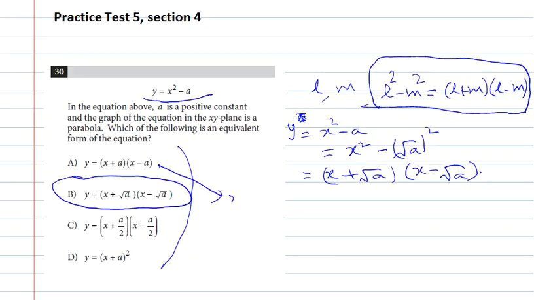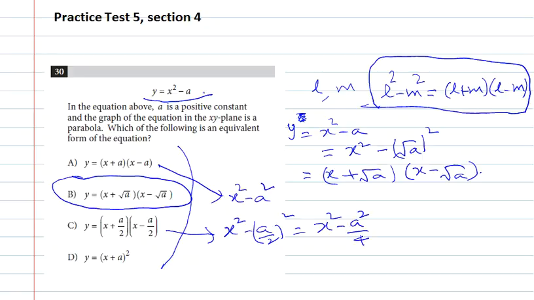But again, if you know this formula, what would this one actually turn out to be? This would be x square minus a square. So that's not what we are given. So that would not work. And again, using the same formula that I mentioned above, this turns out to be x square minus a over 2 square, equal to x square minus a square by 4.